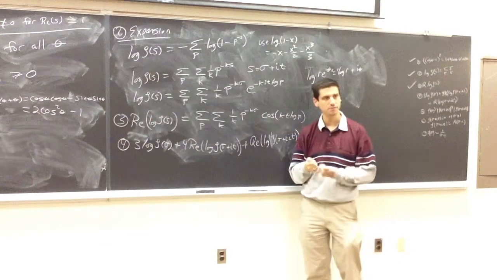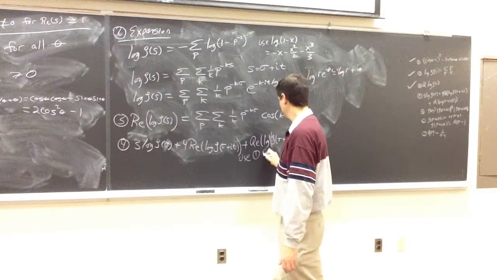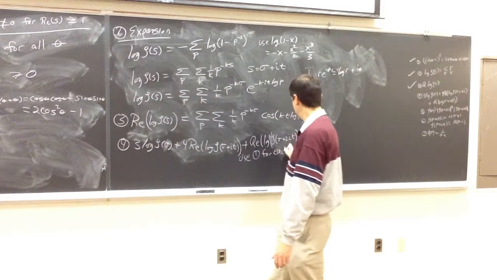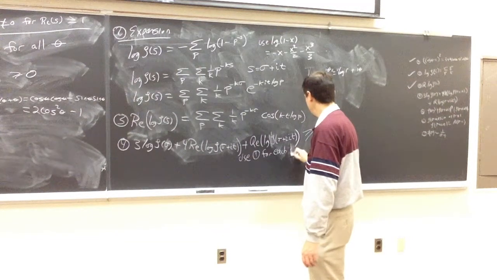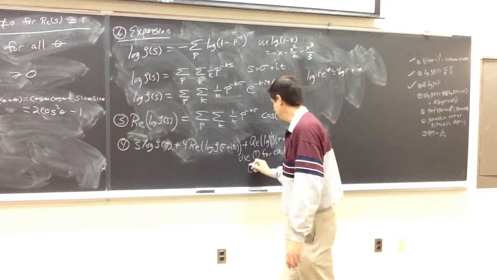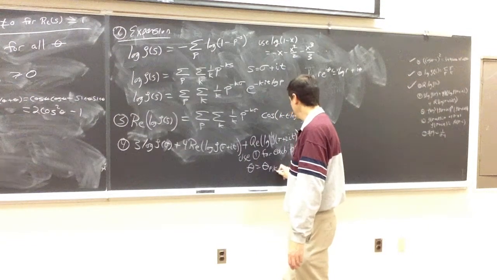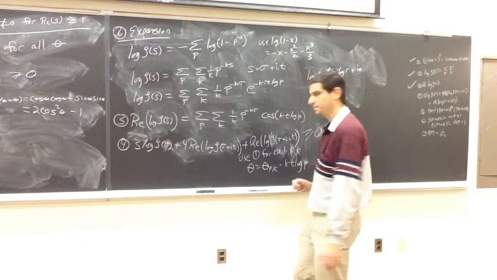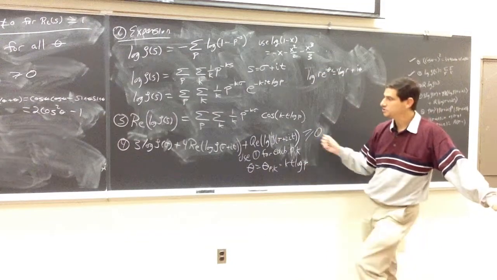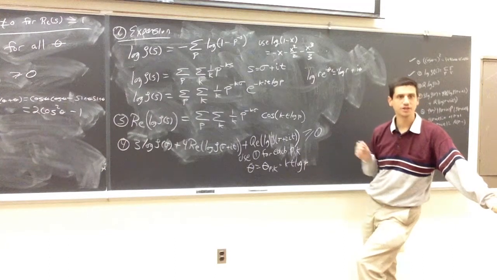So for each p and k, we use property 1 and take theta to be theta sub pk, which will be kt log p. And so this combination has to be non-negative. This was Mertens' great insight.